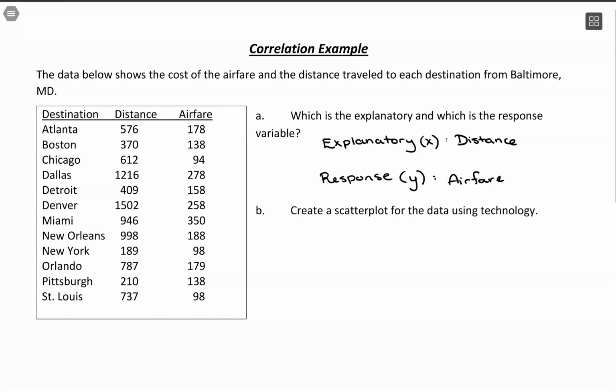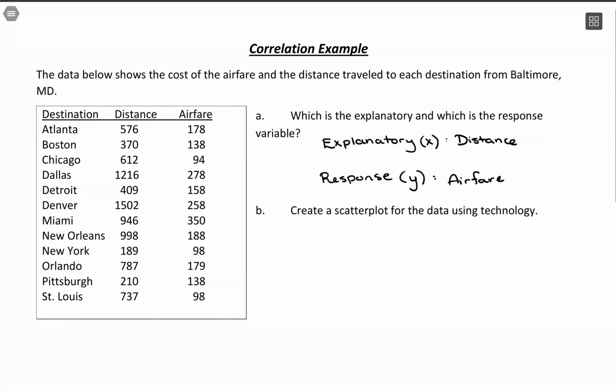But what if I had switched those, if I had said airfare explains the change in distance? That would be the idea of setting a certain airfare, and then that would change how far you travel. If we think about how we buy plane tickets, you could think of the sequence of events as well. You'd determine the distance first, figure out how far you are traveling, and then the airfare would change based on that.